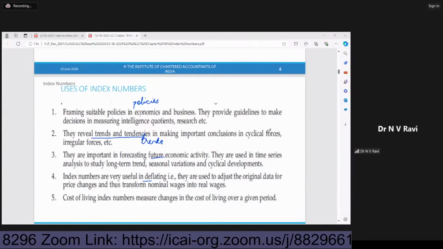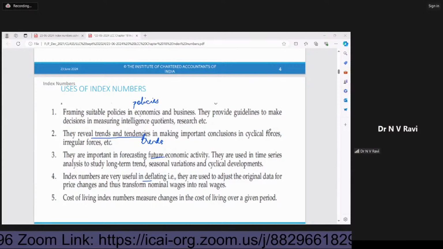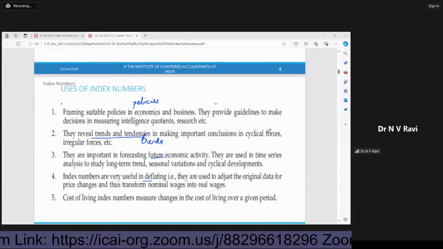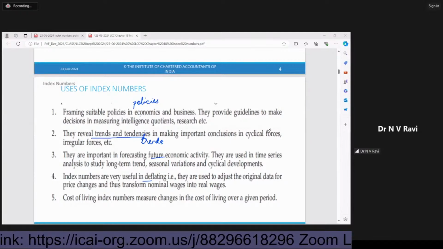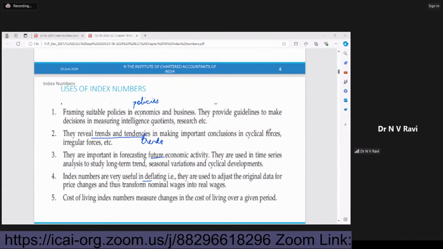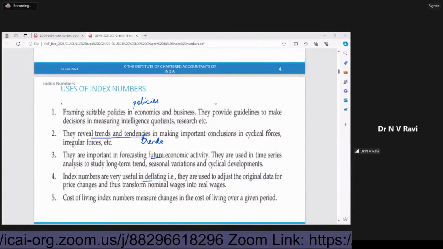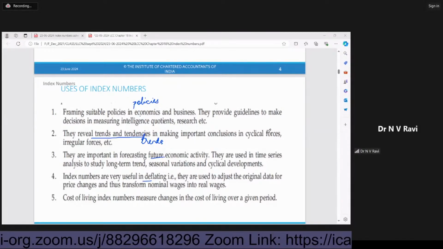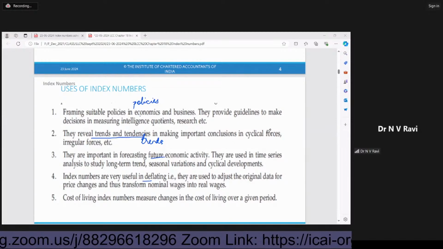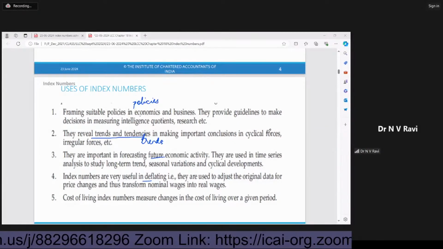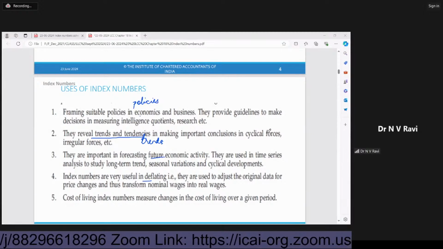Adding to the madam's points, I would like to add some important key points related to the index number chapter. What is the purpose of index numbers? To compare the prices from the base period to the current year period.